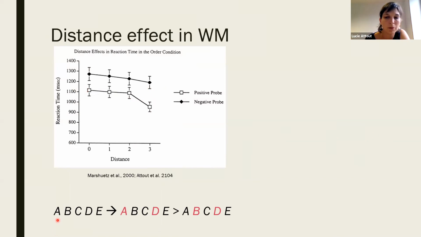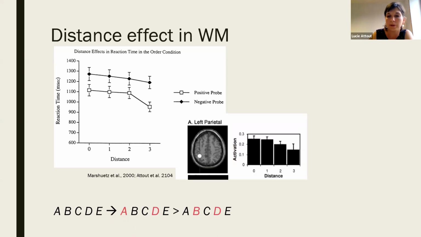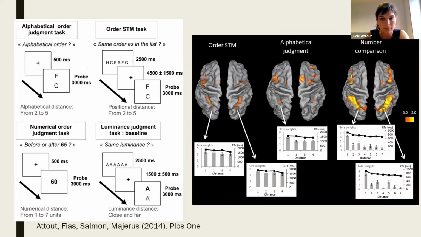To give you a clear example, in the memory sequence A, B, C, D, E, the order of letters A and D is judged faster and more accurately than the order of B and D. They also found a sensitivity to this working memory distance effect in the IPS too.